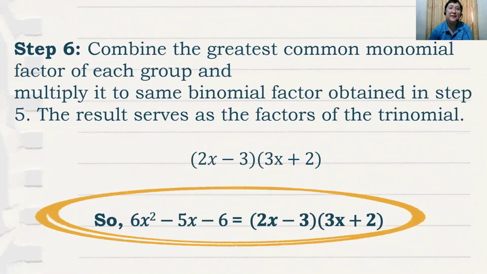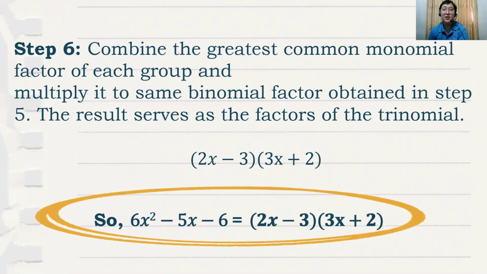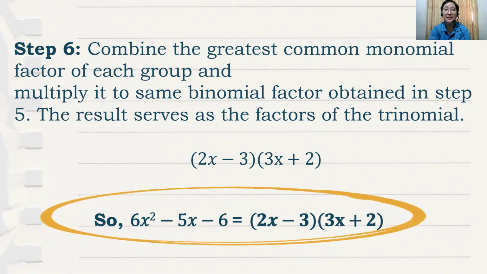Okay, for the last step, we combine the greatest common monomial factors. So what is that? We have 2x and negative 3, and multiply it to the same binomial factor that we obtained from step 5. So the results serve as the factors of the trinomial 6x squared minus 5x minus 6.